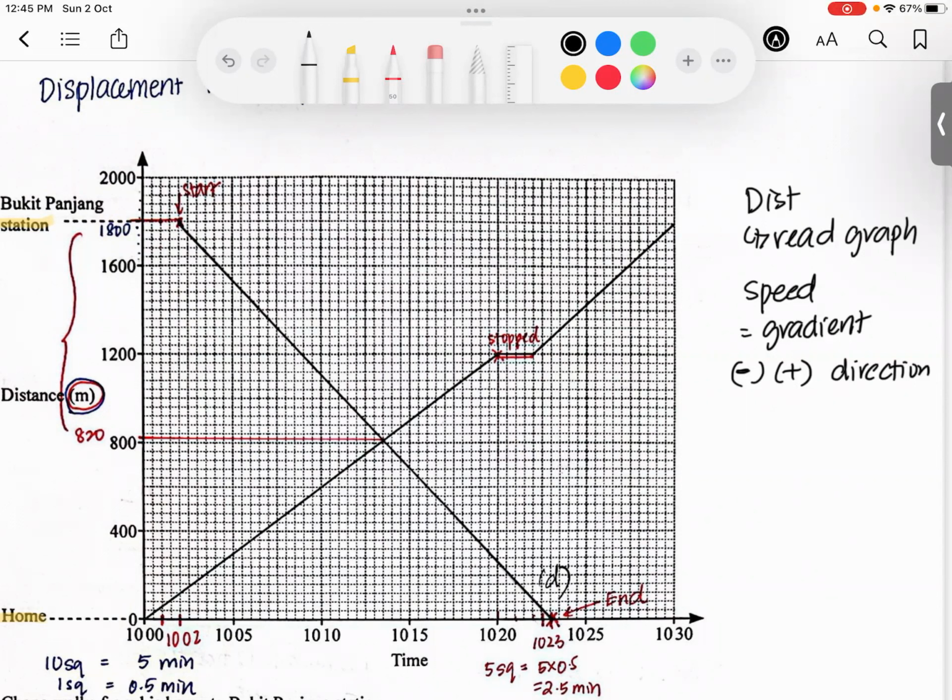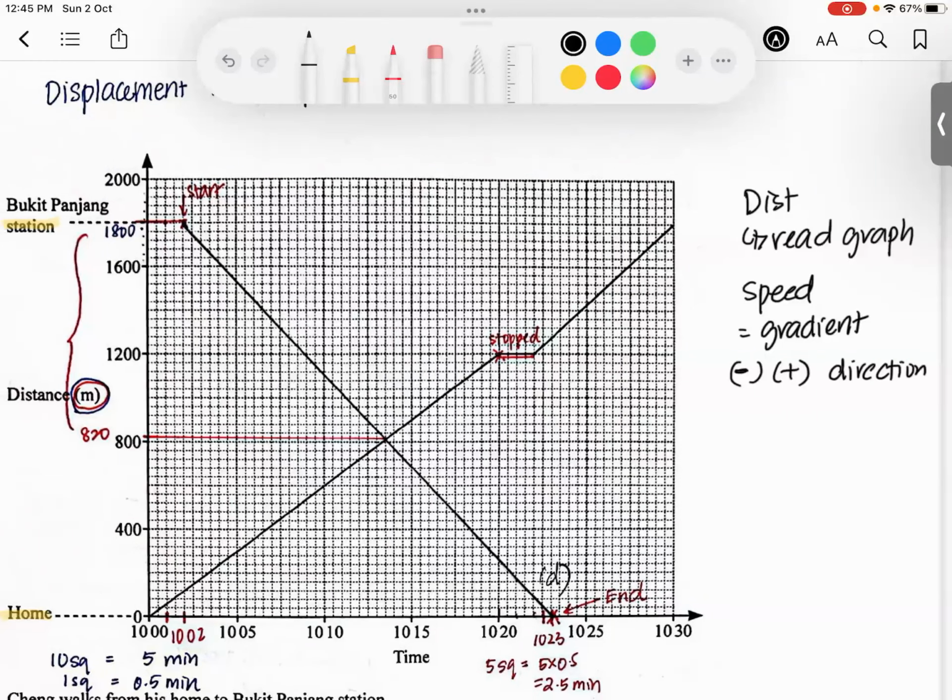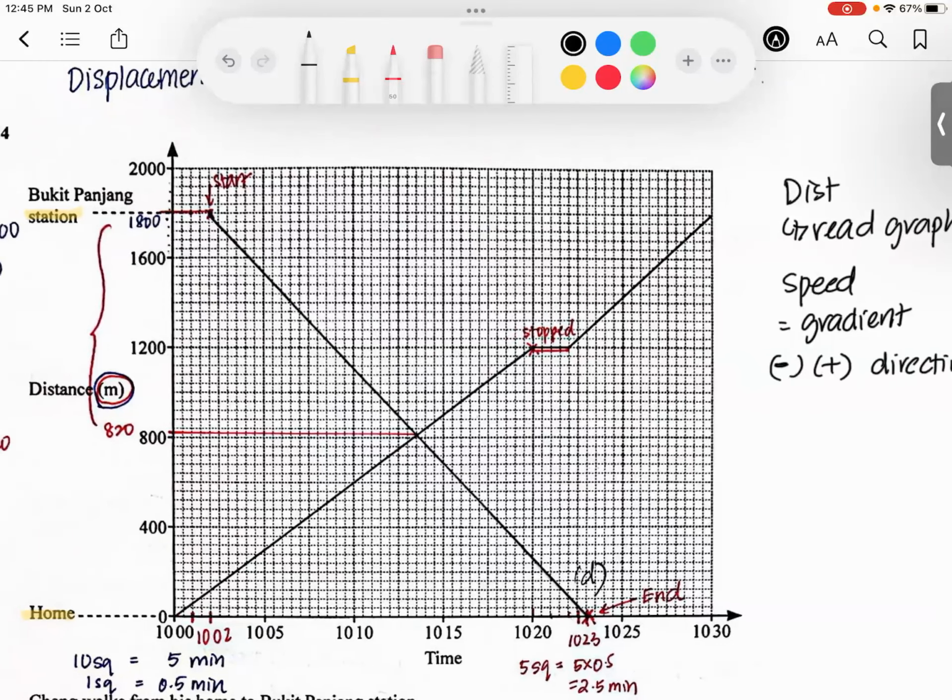But if it's returning from a far place coming back, that gradient will be a negative gradient, because it's coming back towards home, so the distance decreases, right? For acceleration, it's almost impossible to find the acceleration from a distance time graph unless you find the two speeds. Then you use your physics method, change in speed over change in time.